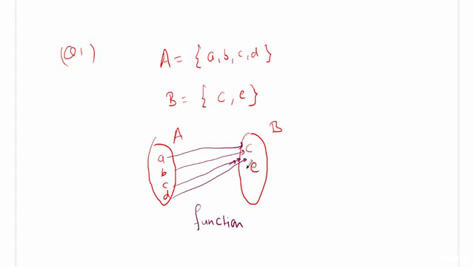Now if somebody asks you what the domain is, you will say the domain is A, B, C and D.